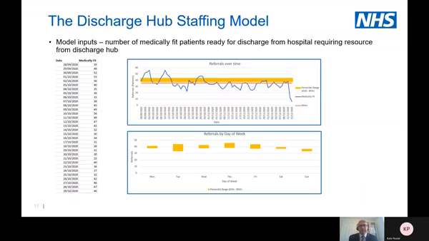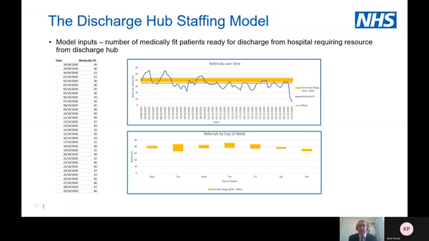So the Discharge Hub Staffing model is more simplistic in terms of inputs required compared to, for instance, the core model that you may be familiar with, or the emergency department model that you may have seen in the first session of this webinar series.